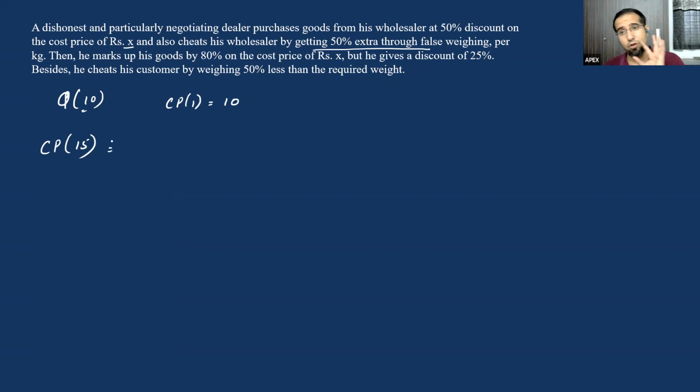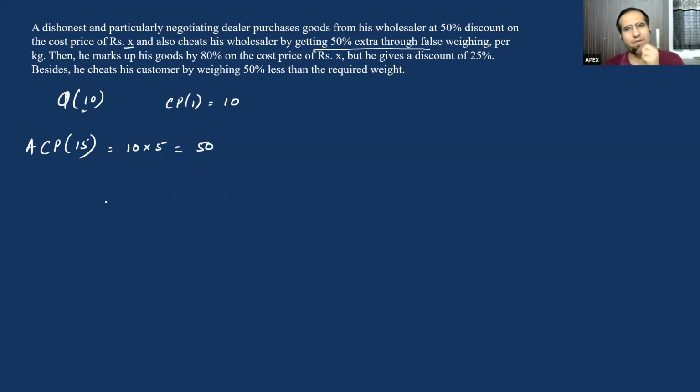Clear? So I repeat, the shopkeeper has given him 10 kgs after negotiating for 5 rupees per kg. He has got 5 extra kgs by false weight. So therefore, he'll only pay for 10 kgs and the cost will be 5 per kg. So his actual cost price is going to be 50 rupees.